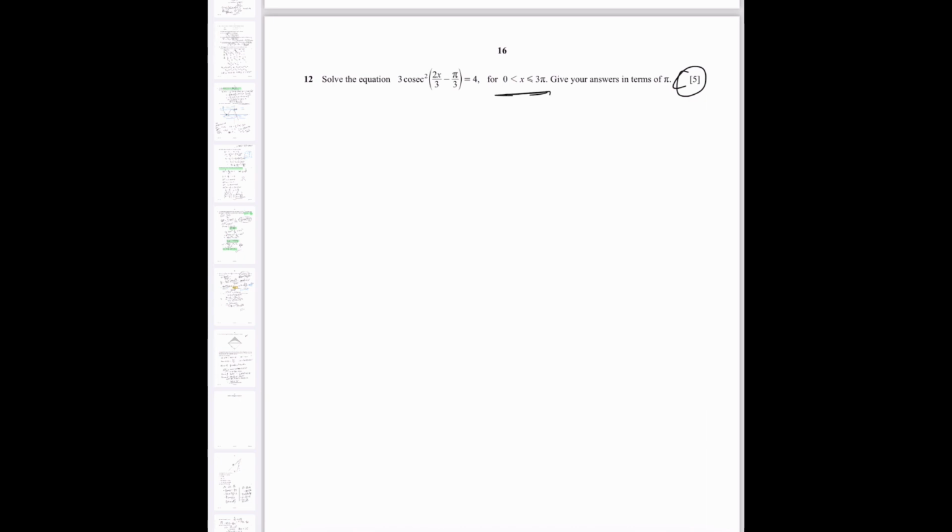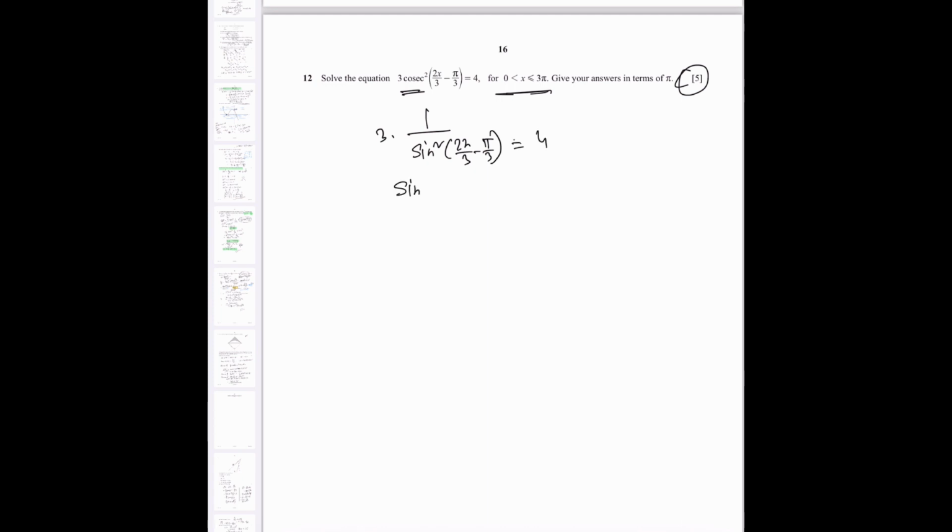So this is cosec. Cosec means 1 by sine. So this can be written as 1 by sine square of 2x by 3 minus 5 by 3 equals 4. After cross multiplication, sine square of 2x by 3 minus pi by 3 equals 3 by 4.